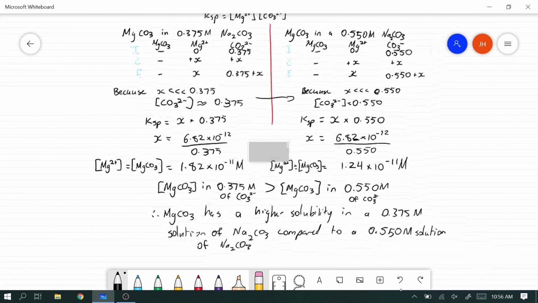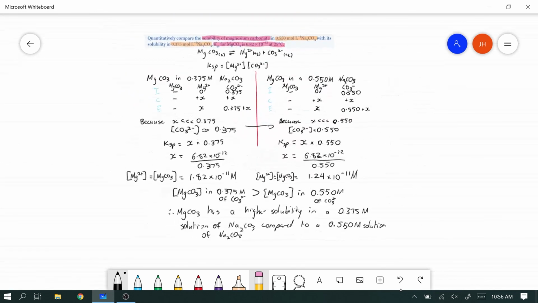And there we go. We have been able to use a quantitative measurement, compare our solubilities here to determine where magnesium carbonate is going to be most soluble based on its KSP.